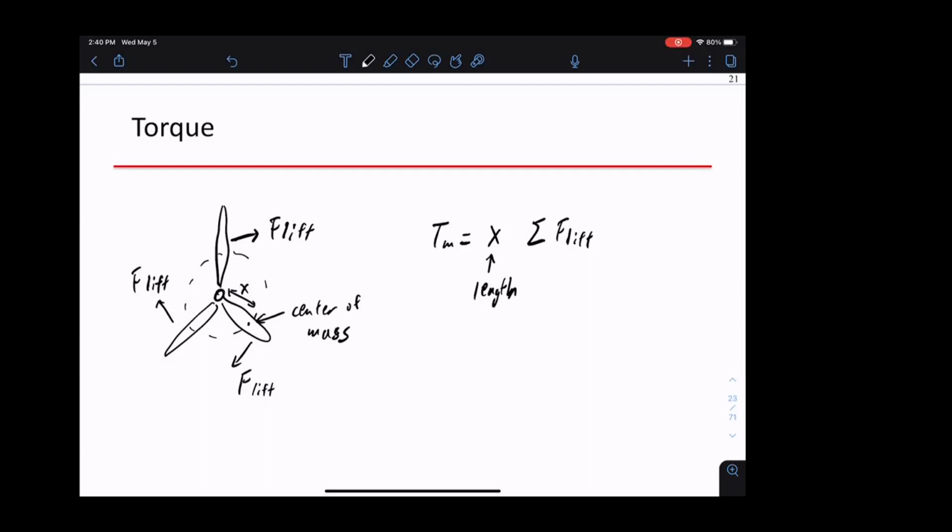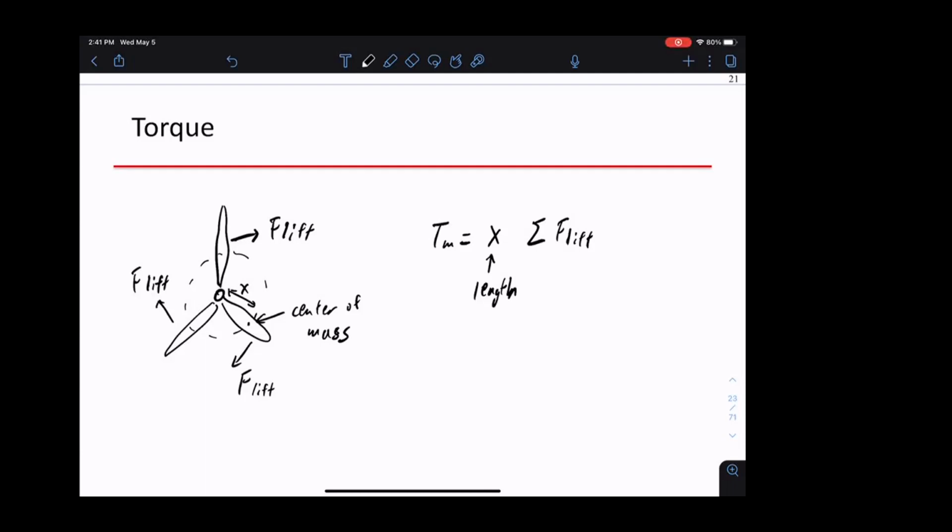So this tells us basically the amount of torque is directly proportional to the lift force. So when we control the blade or when we control the torque, it's basically the same as controlling how much lift force we have on the blades themselves.